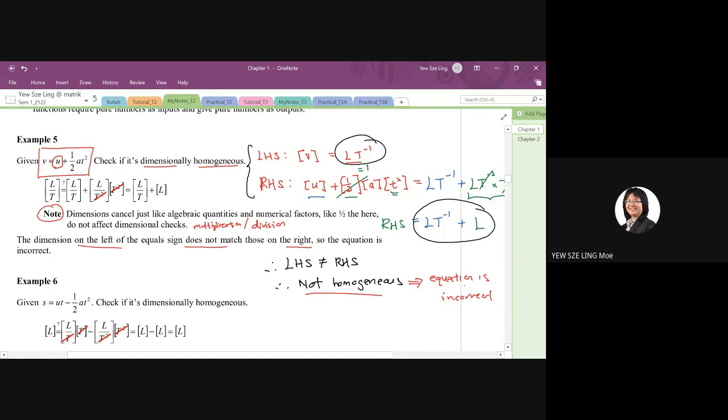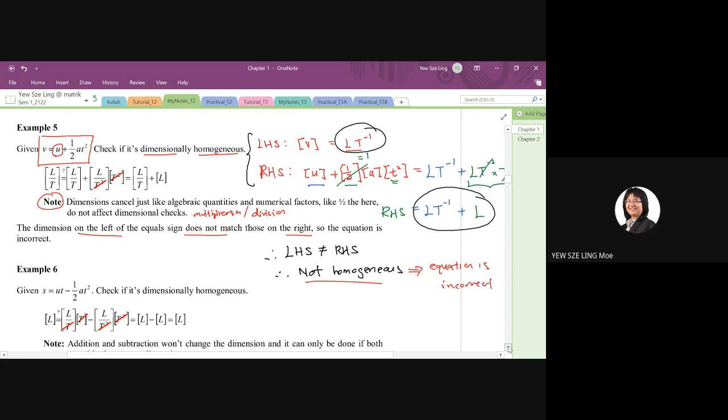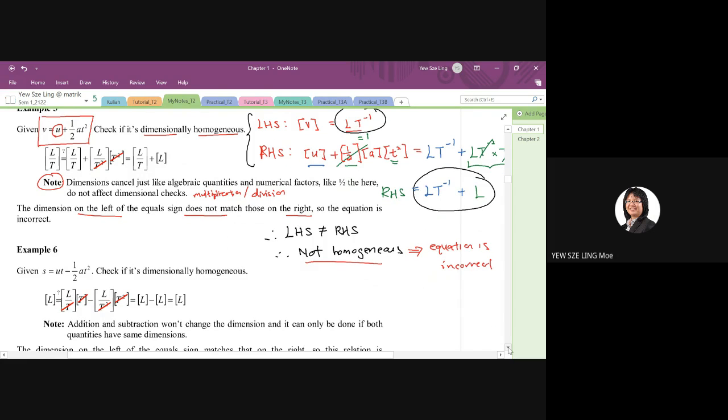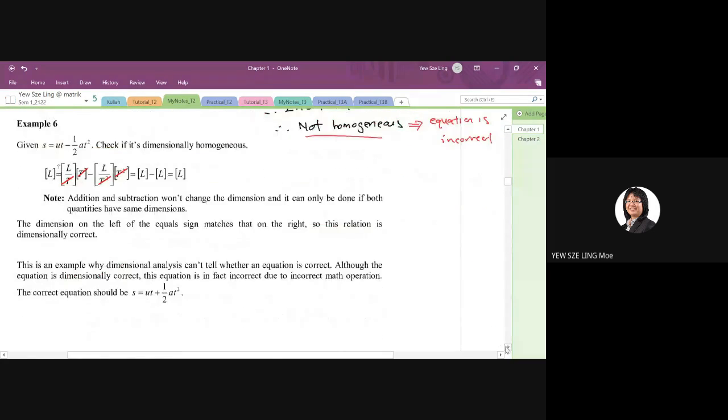If they are homogeneous, it just means they might be correct. You cannot come to the conclusion that they are definitely correct. There's no such thing. So not homogeneous means definitely wrong, but you cannot say they are 100% correct if they are homogeneous.